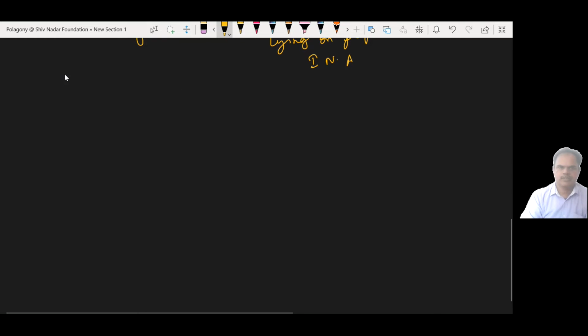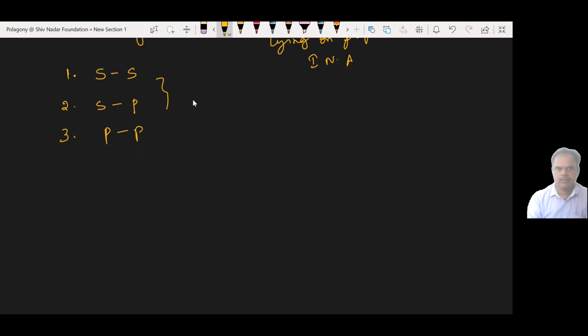Finally, how many types of orbital overlap are possible? Number one, SS overlap; number two, SP overlap; number three, PP overlap. So there are three kinds of orbital overlap: SS, SP, and PP.